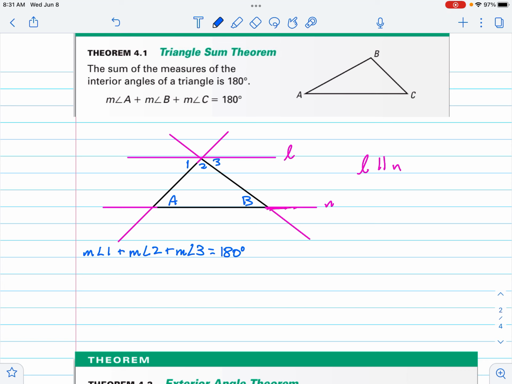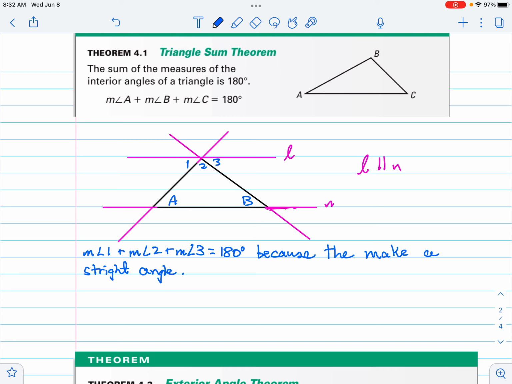And this is angle addition, right? We know that this angle here is 180 degrees because it is a straight angle. If you add up all those, that's angle addition.